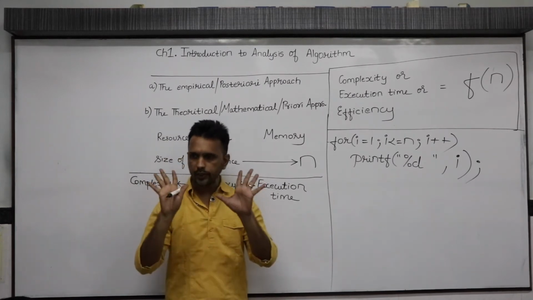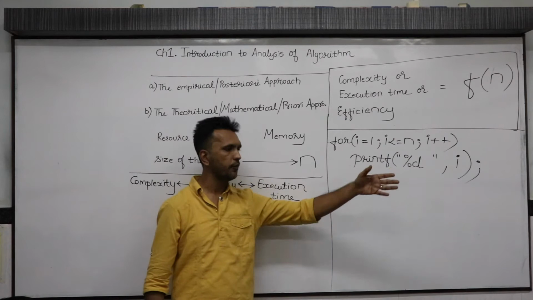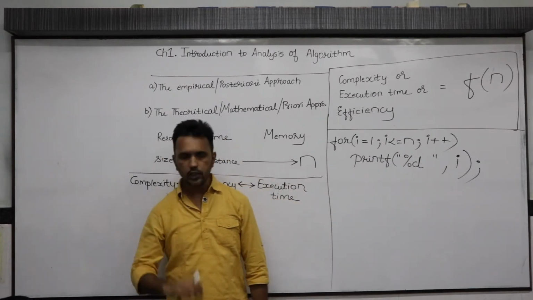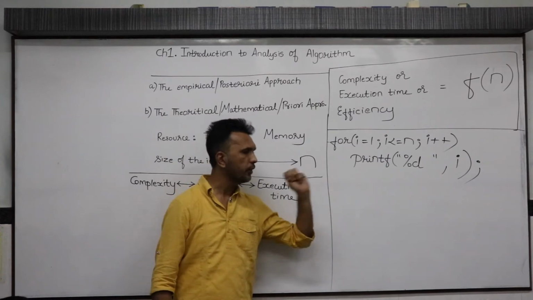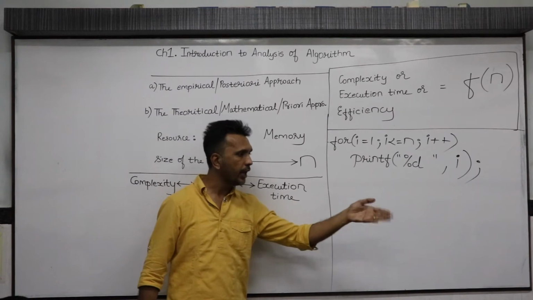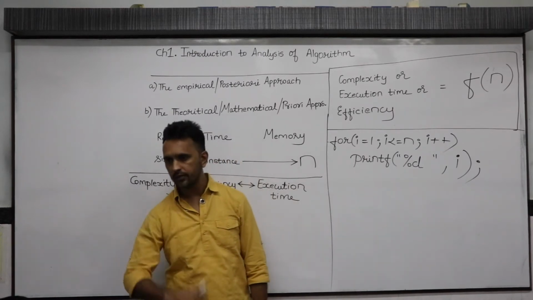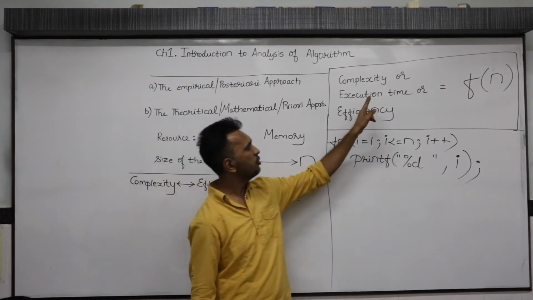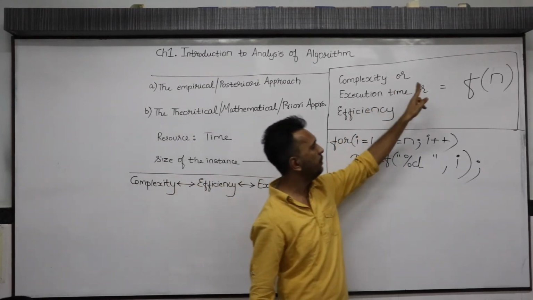If n is equal to 10, how many times will the printf execute? 10 times. If n is equal to 1000, how many times will printf execute? 1000. So this program will take more time when n is equal to 10 or n is equal to 1000? 1000. Obviously. So that means the execution time is directly dependent on n.